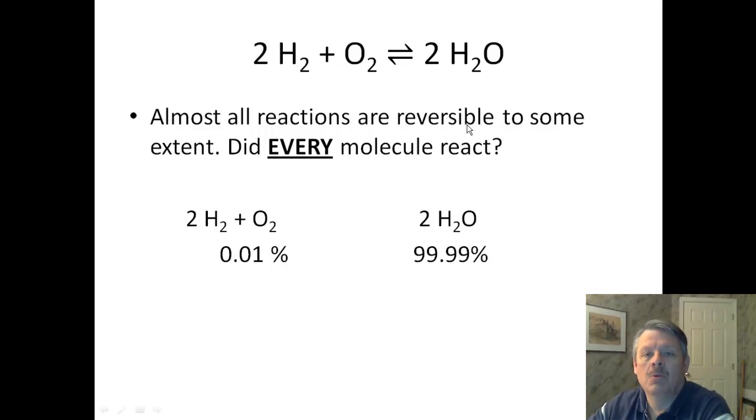All right, what happens when we combine hydrogen and oxygen? Well, almost all reactions are reversible to some extent. Did every single molecule of hydrogen react with oxygen and make water? The answer is no. There is some hydrogen sitting out there in the atmosphere. So when we're breathing air in, air is mainly nitrogen and oxygen.